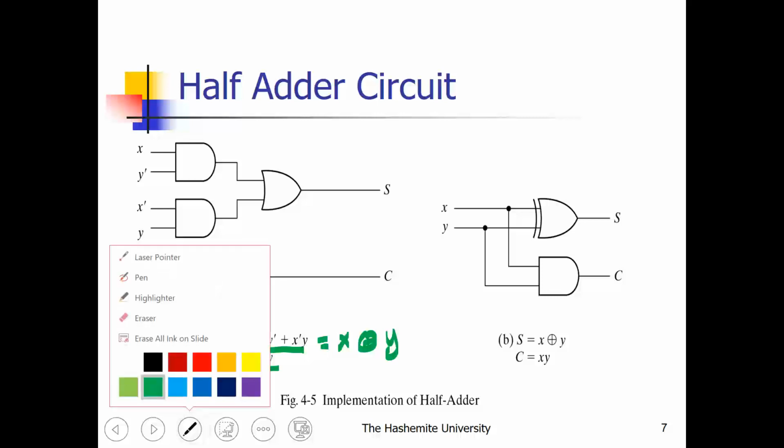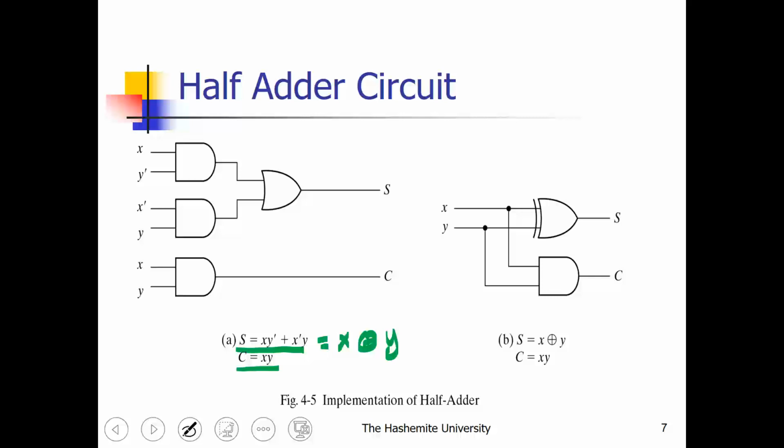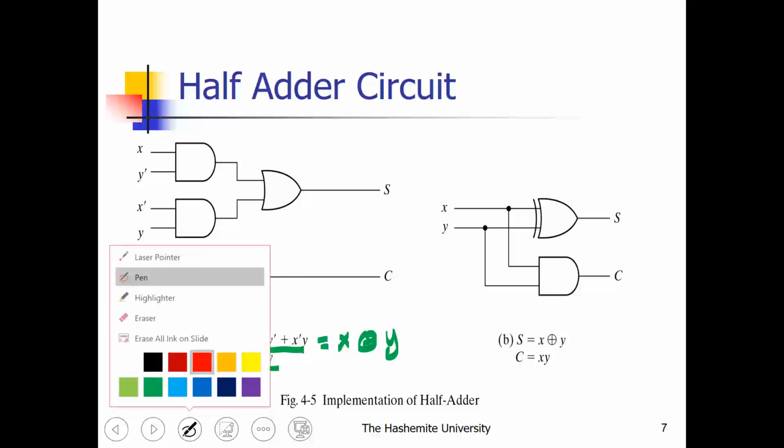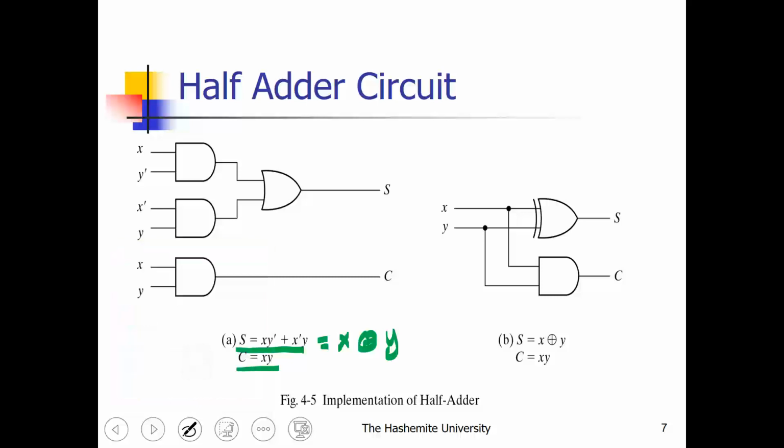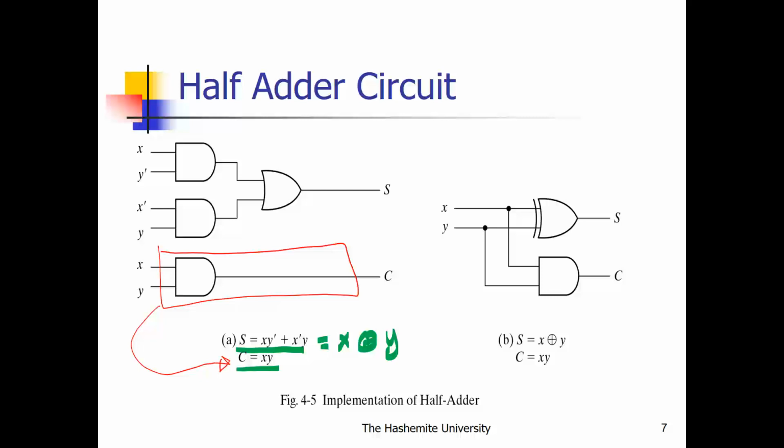And here is the drawing, where you can see the drawing of the carry right here, which corresponds to this equation, and you can see the drawing of the sum circuit here, which corresponds to this equation right here.